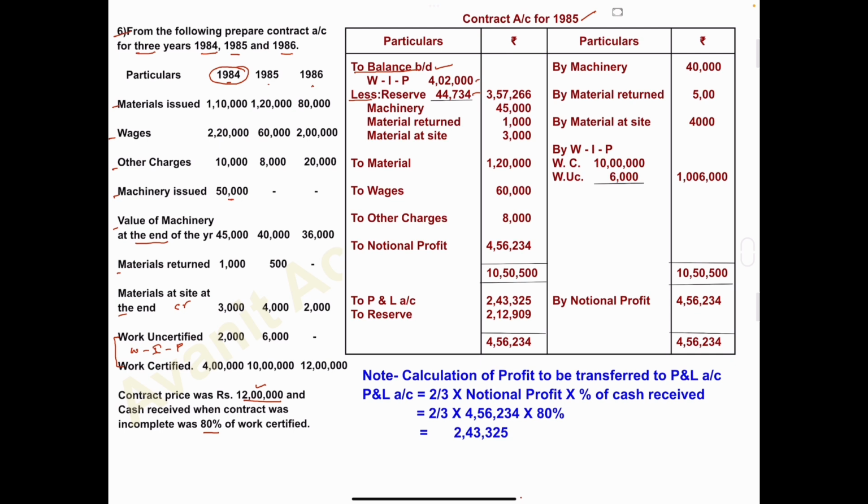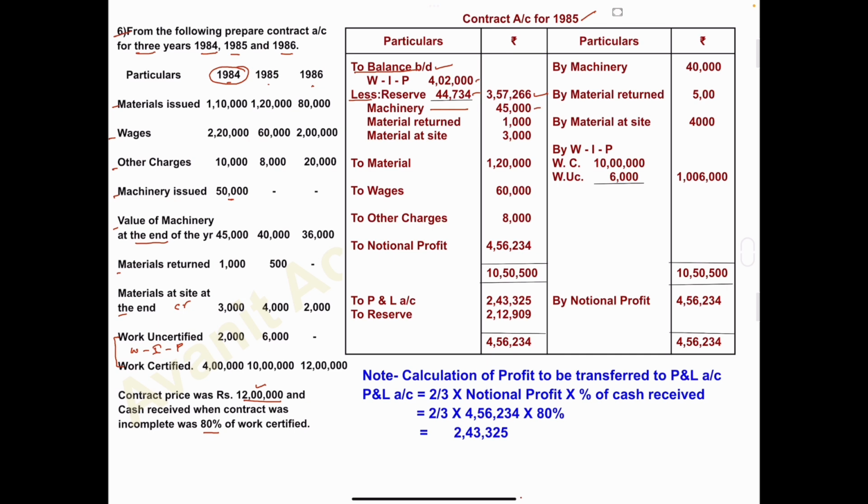Okay, from 4 lakh 2,000 minus 44,734, you will get 3,57,266. Next, machinery. See the last year's contract account, 1984. The machinery closing value is on the credit side of the contract account of 1984.